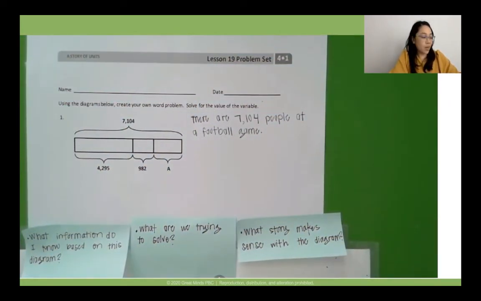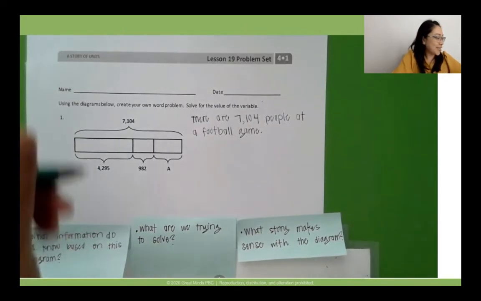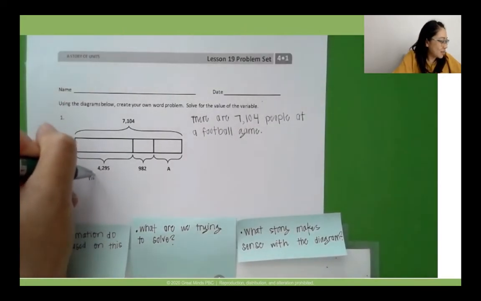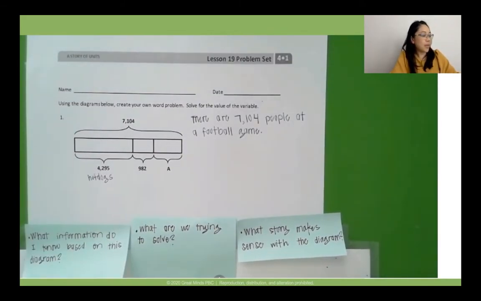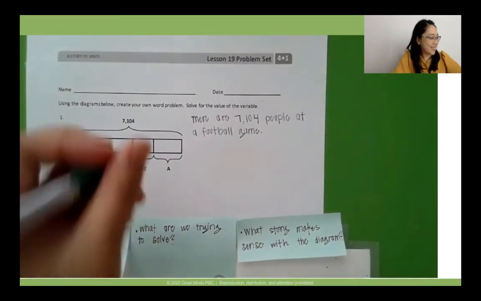Great. The next thing is to think about the two known parts. Well, at football games, people like to purchase food. So I'm imagining that 4,295 people purchased hot dogs. And I'm also thinking that maybe 982 purchased fries.